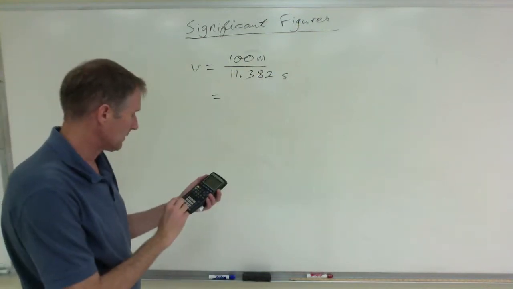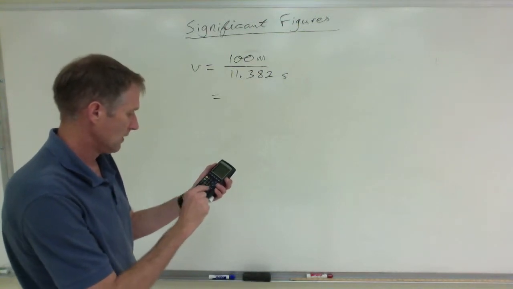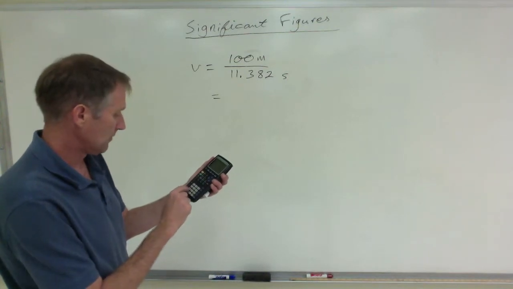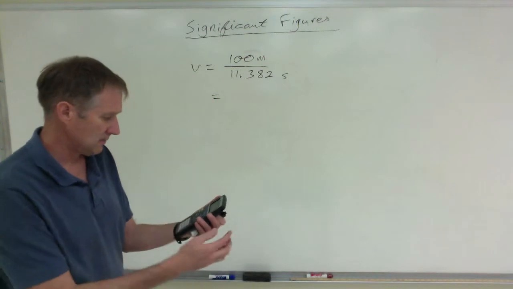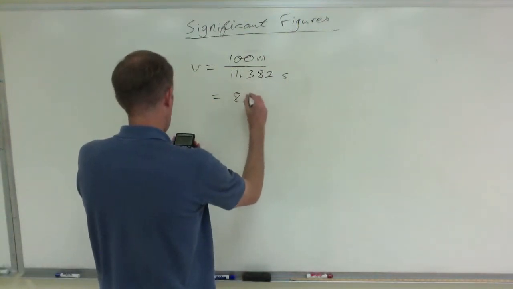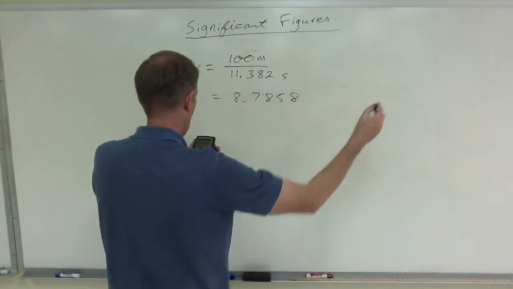I calculate this out, and I take 100 on my calculator, divided by 11.382, and I get 8.7858.